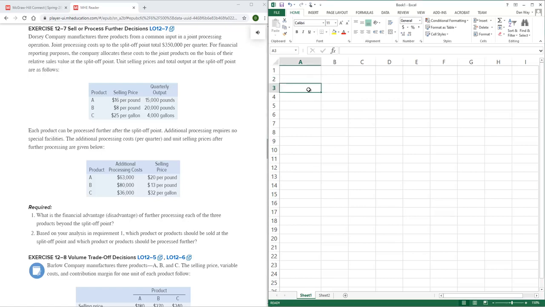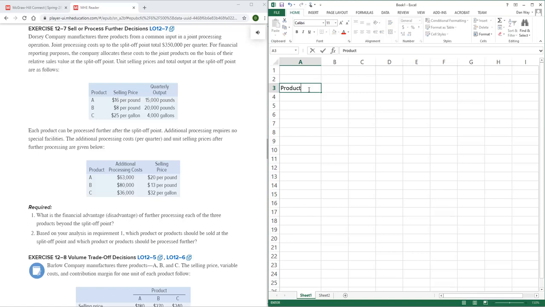So as you know from our discussion of Chapter 12 notes and from your reading, these types of decisions boil down to, does the incremental revenue earned or potential revenue earned from that processing exceed the additional costs of that extra processing? If it does, we want to do that extra processing. If it doesn't, we'll say no, we'll just sell it at split off at the lower price.